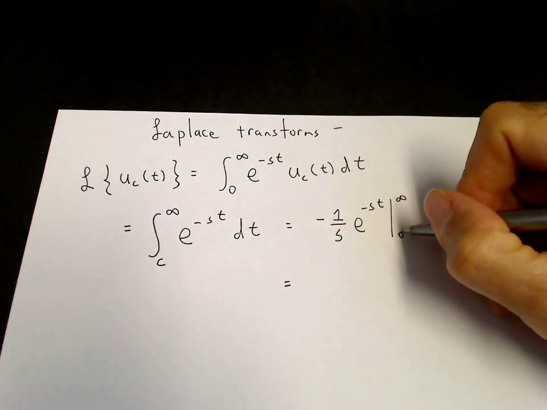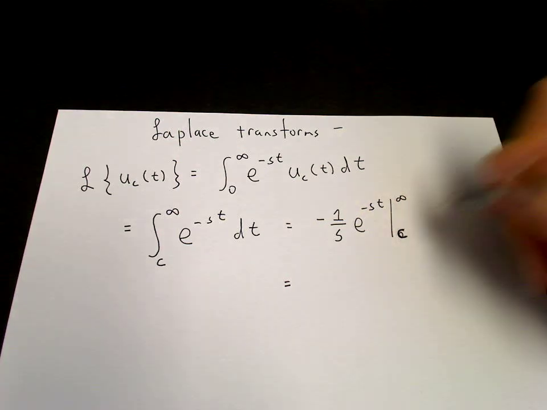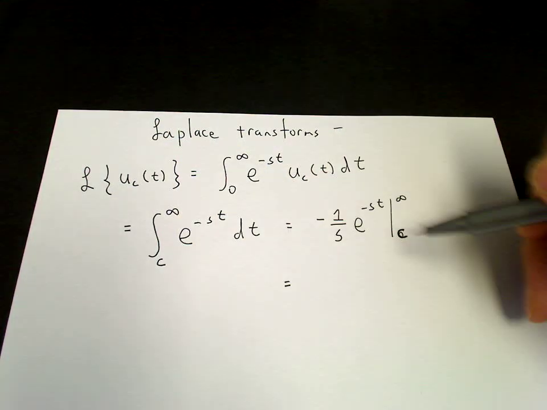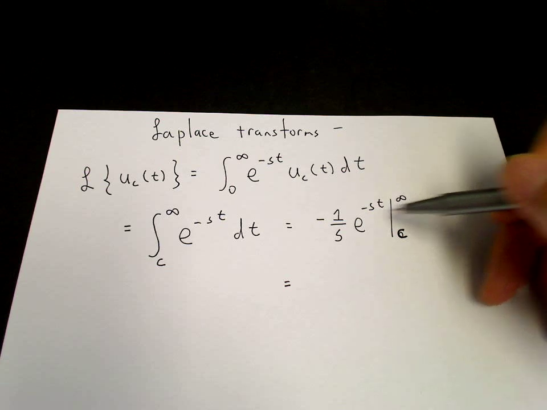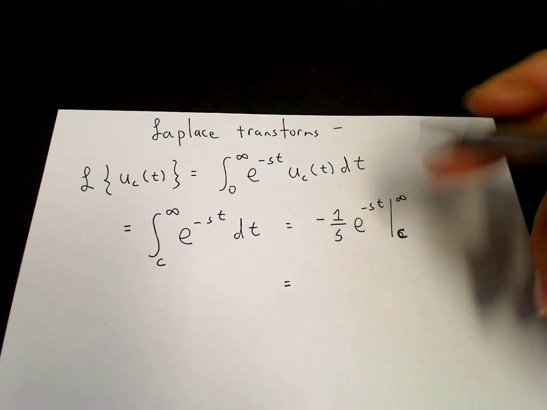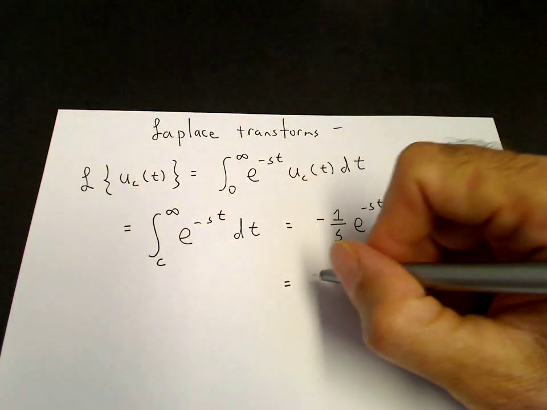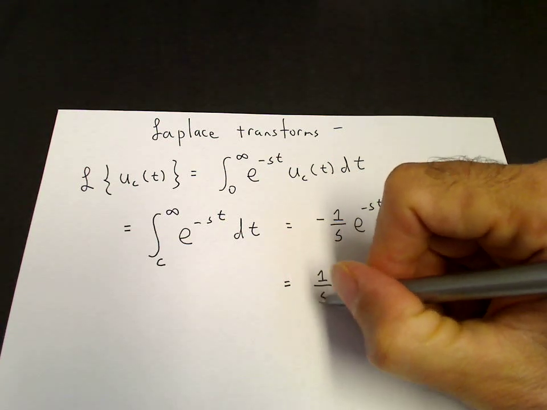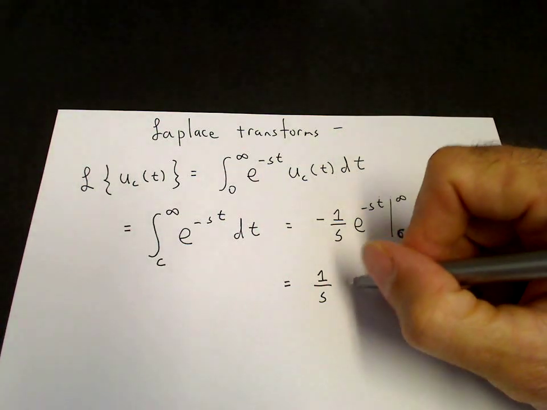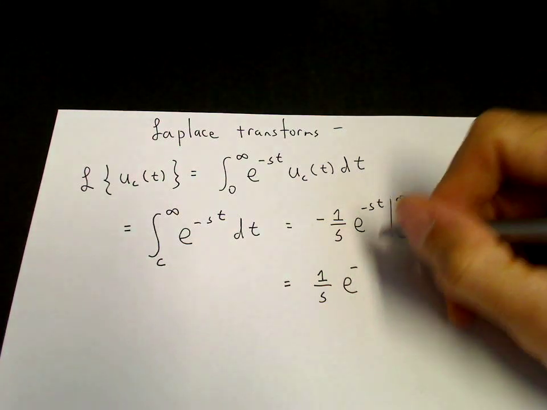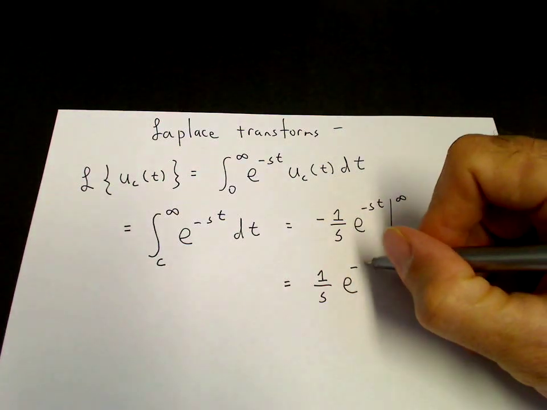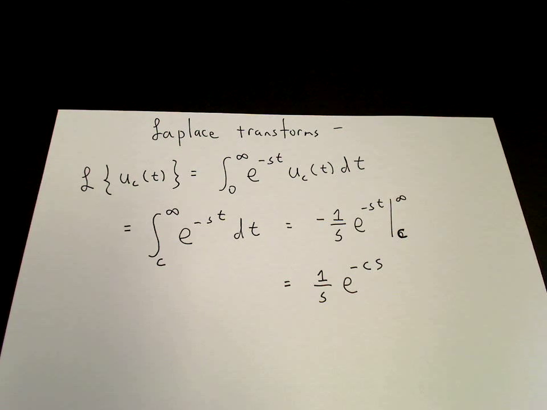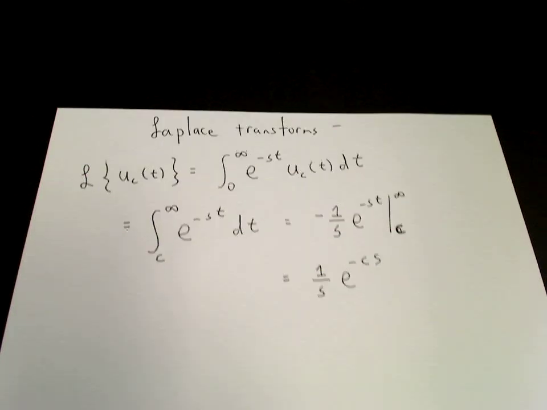Sorry, the lower limit here should be c, right? So I'm integrating from c to infinity. So the upper limit is 0, and then the lower limit goes to minus 1 over s, which is 1 over s times e to the minus sc, or I can write that as minus cs. And then that's the Laplace transform of the step function.